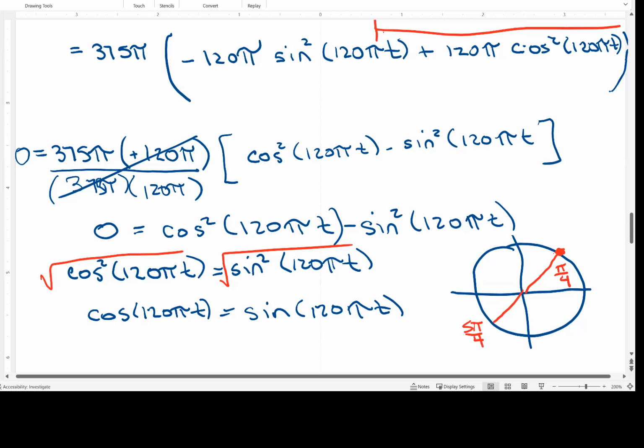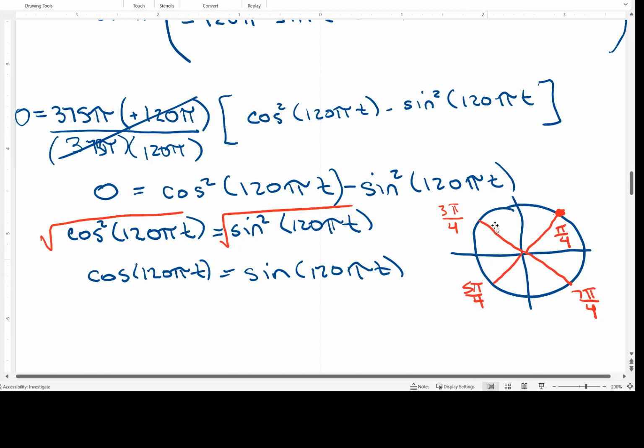But remember, these are squared. So it's actually every quadrant has those values. This is 3 pi over 4. And this is 7 pi over 4. It doesn't matter which one of these we pick. Truthfully, since they're getting squared, everything will be fine.